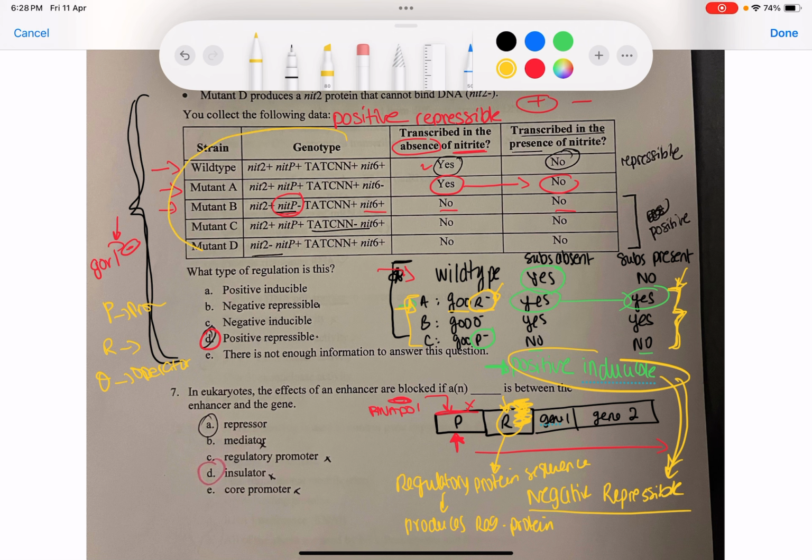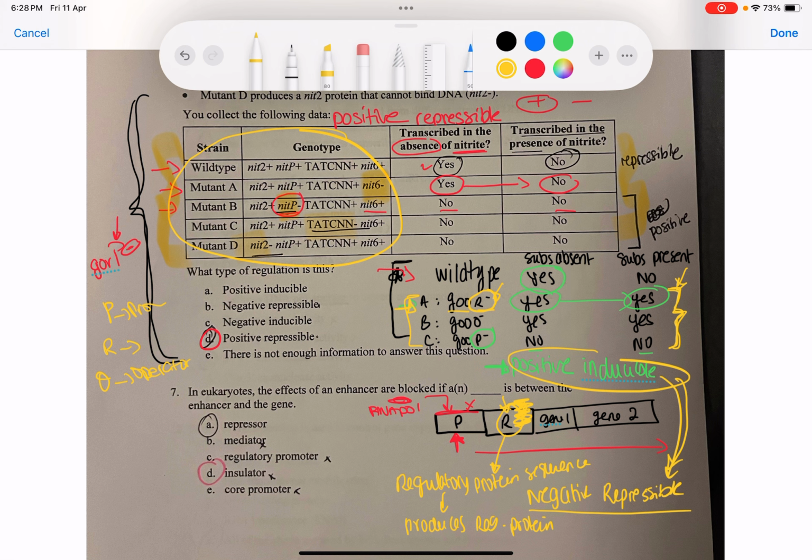In the exam, if you look at the mutants, we did not have any mutation at the R site. We had one at NIT6 minus, one at the promoter, one at this gene, and one at this gene. None of these were the regulatory protein sequence. So whatever we're seeing in the table is what my regulatory protein normally does.